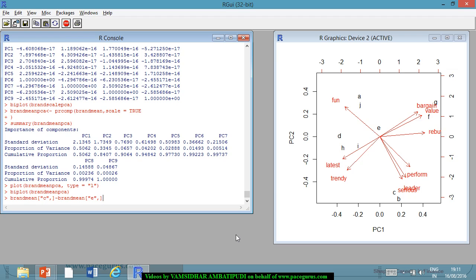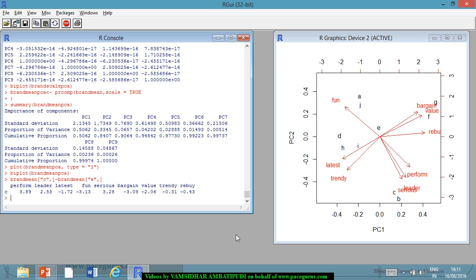So I'll typically see where E has to improve and by what extent. Here, this brand mean is untransformed, so probably I should take brand mean PCA $x, right?